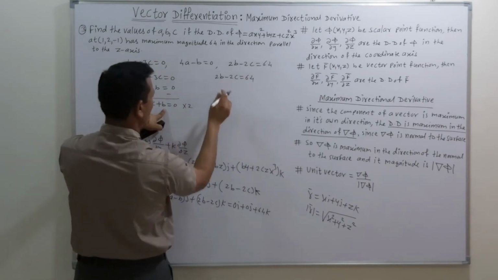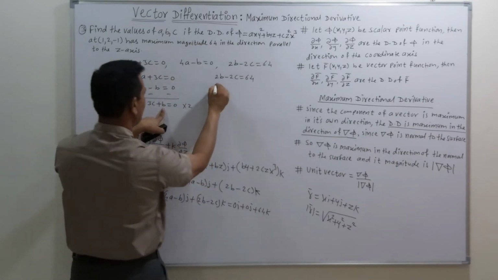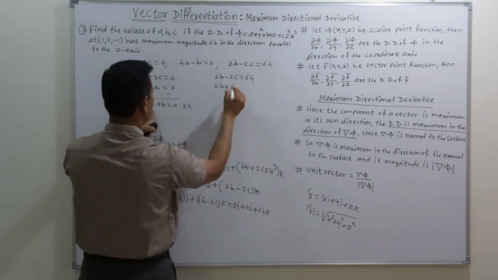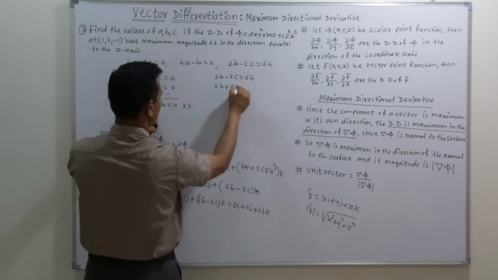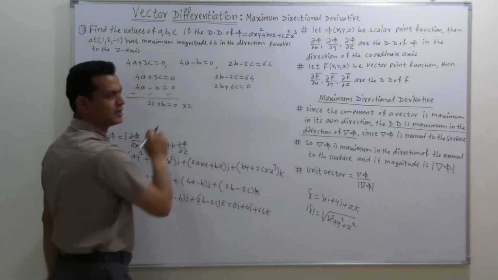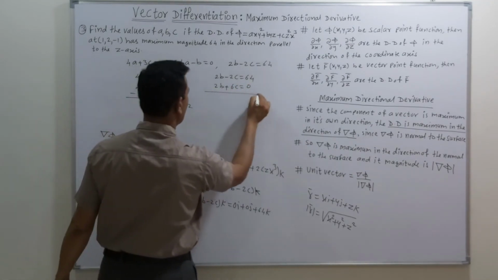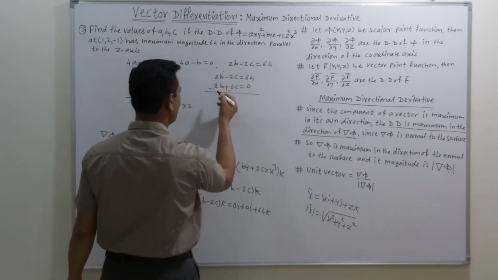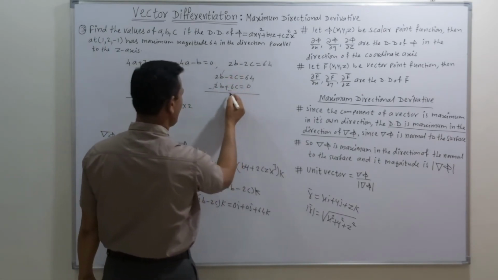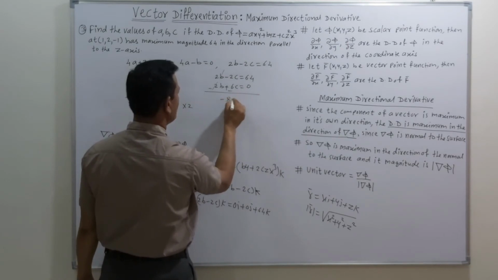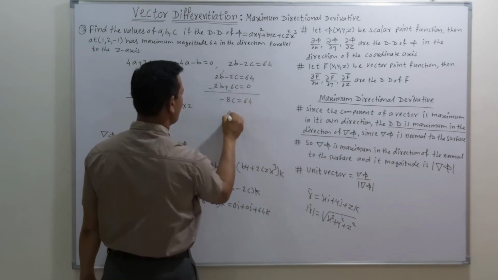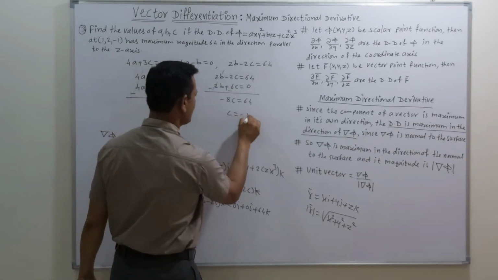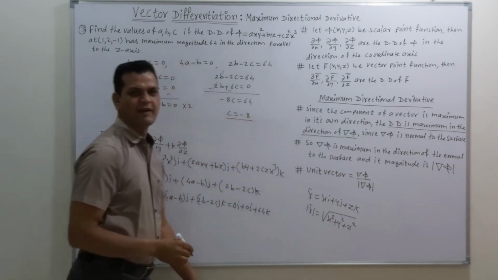So if we multiply by 2 and reverse the terms, then we get 2b plus 6c is equal to 0. If we simplify this after changing the sign, then the b term will get cancelled and we get minus 6 and 2, this is 8c is equal to 64. That means c is equal to minus 8. So this is the value of c.